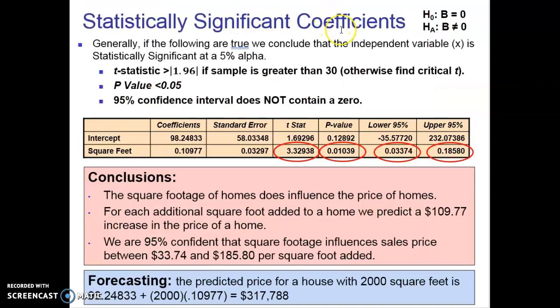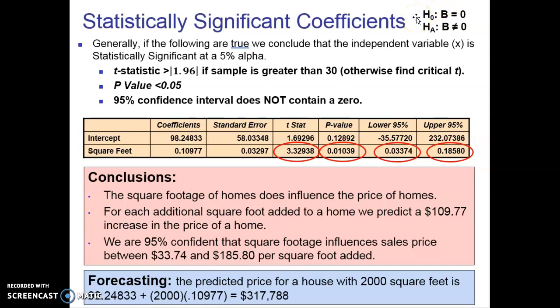Statistically significant coefficients. If you recall, in the last session on hypothesis testing, we were trying to assess whether our sample data, whether it was the mean or the proportion, could be used to infer about the larger population. And we're going to do the same thing with our coefficients.